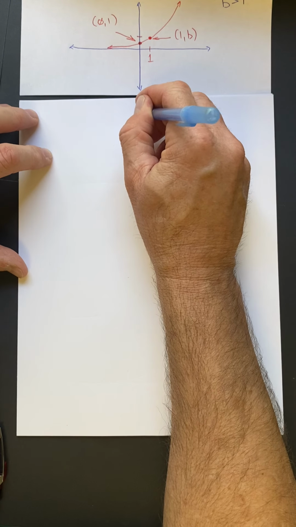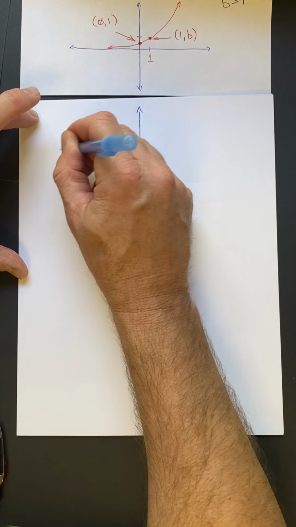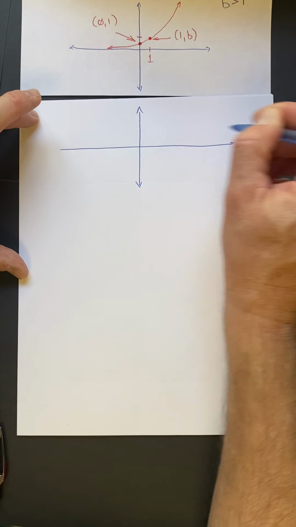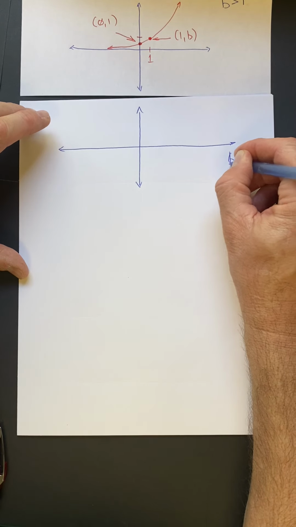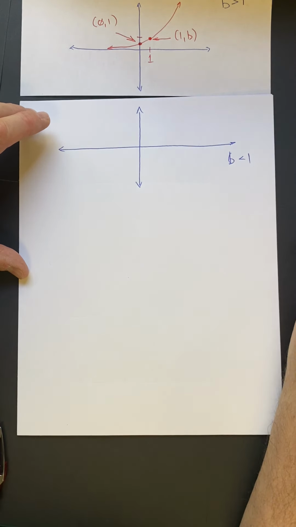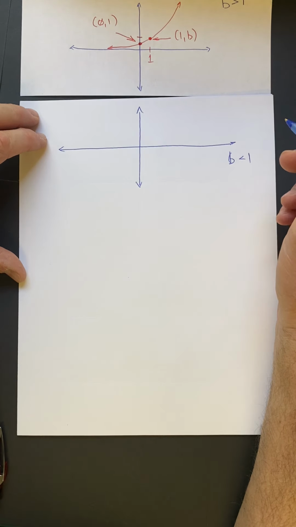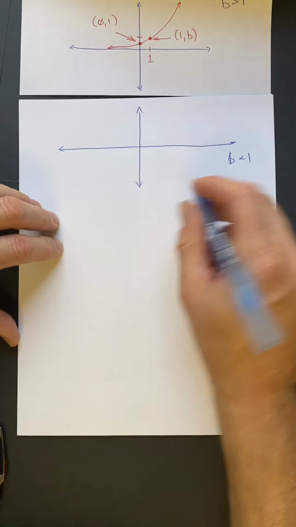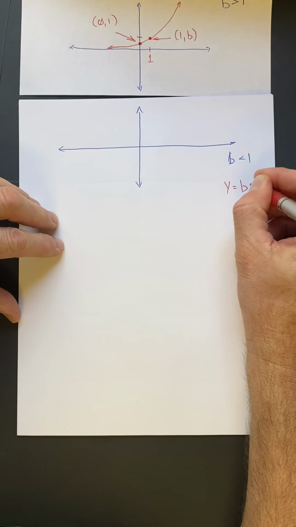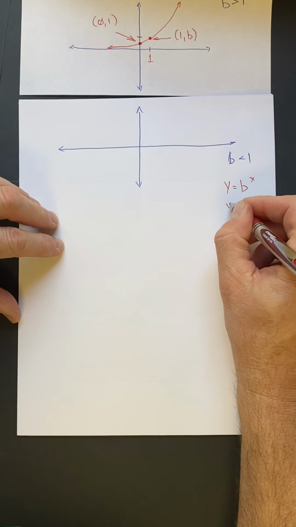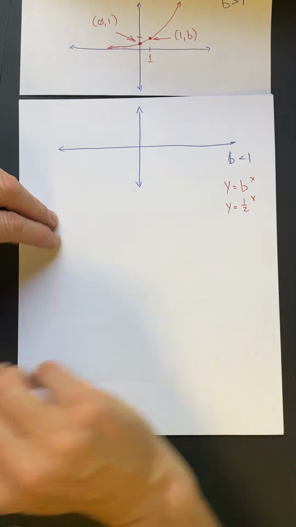So if I'm talking about b less than 1, okay, so let's say b is less than 1. So for example, let's look at 1/2, all right? So if I have my function y is equal to b to the x, let's look at y is equal to 1/2 to the x power.